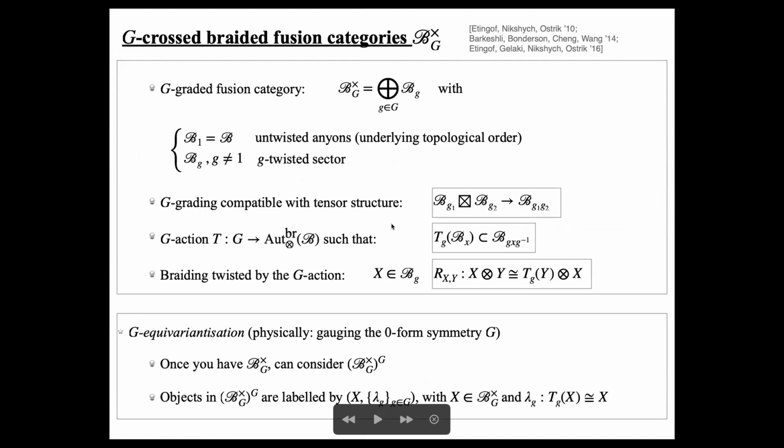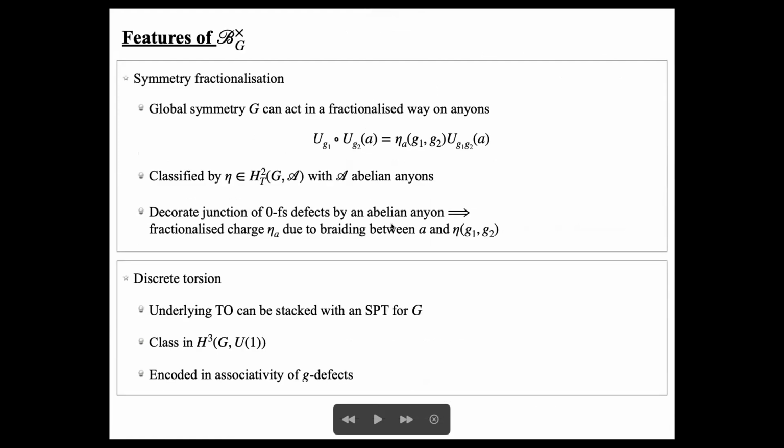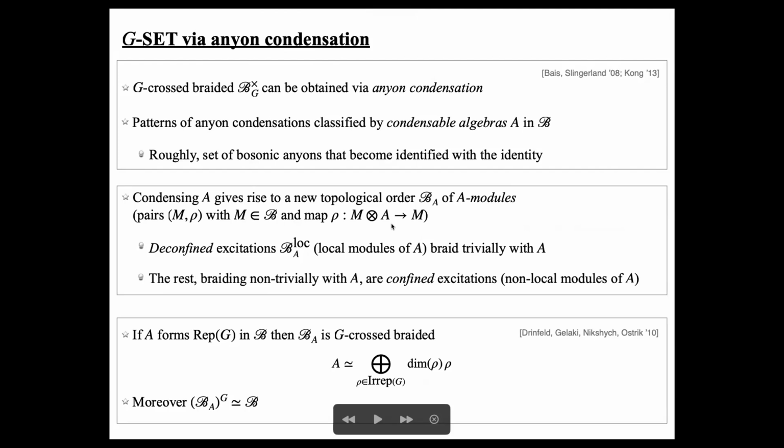Compared to the normal grading, when you're swapping x and y, here importantly A is an abelian anyon, so it's like a proper group symmetry. So if you decorate the charge by an abelian anyon, not the full set of anyons. One way to obtain this is just a restriction.